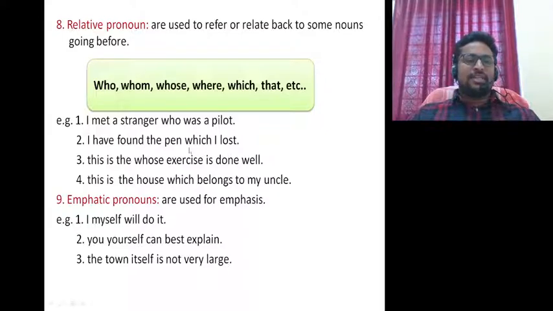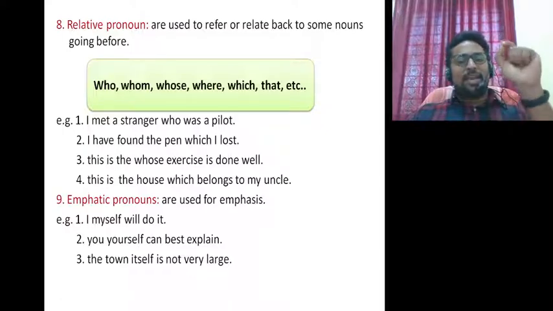That's why we call this a relative pronoun. I have found the pen which I lost, where which is showing the relation back. Which pen have I lost? Whatever pen I had lost earlier, that pen I found back.